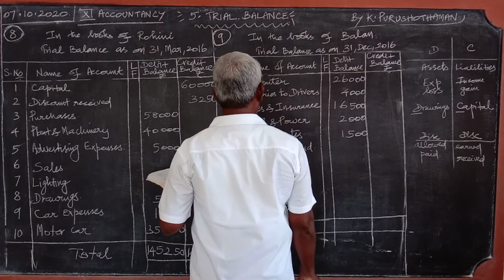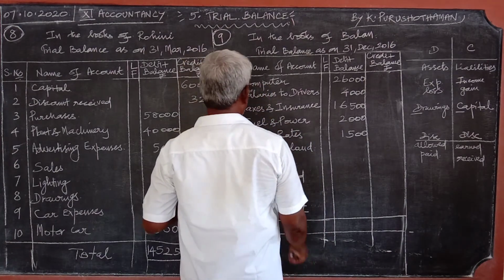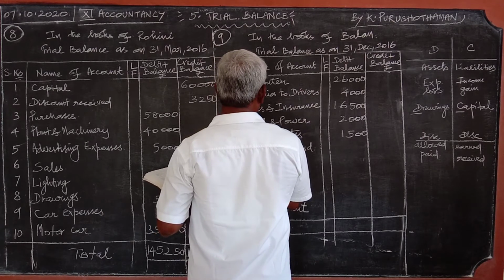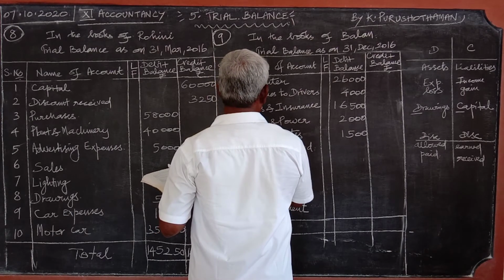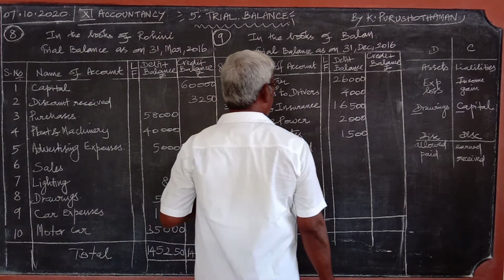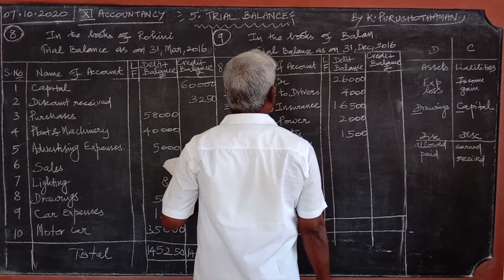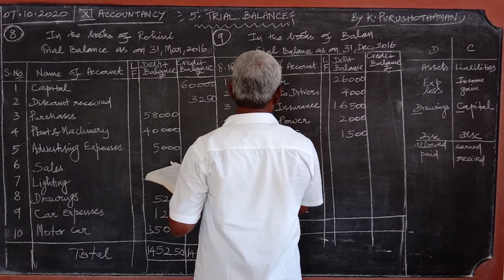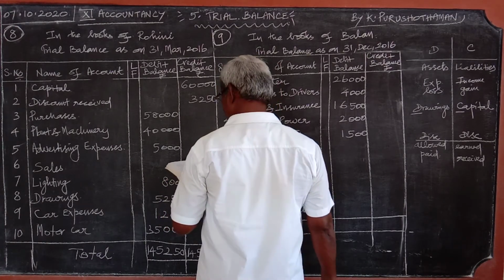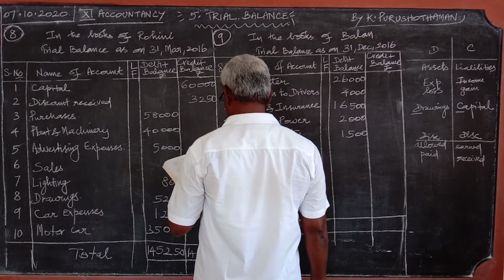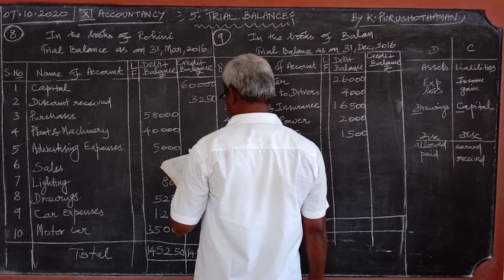Then next one, freehold land. Freehold land means at free of rent the land may be used. Land may be used for parking, etc. That is, those types of land are called freehold land. So here freehold land is an asset.